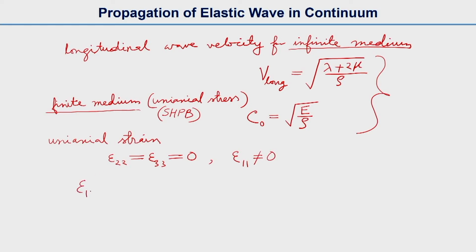Now from stress strain relationship, epsilon 11 will be equal to 1 by Young's modulus times sigma 11 minus Poisson's ratio multiplied by sigma 22 plus sigma 33.